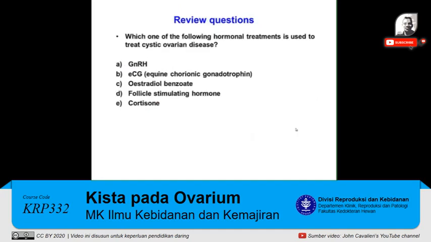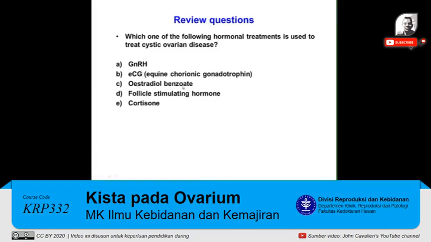Which one of the following hormonal treatments is used to treat cystic ovarian disease? The main drug we use is gonadotrophin releasing hormone, because we know that this will induce a preovulatory LH surge. eCG in the cow acts more like FSH, so it's not used to treat cystic ovarian disease.